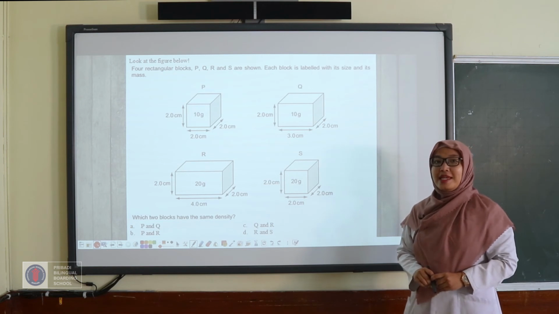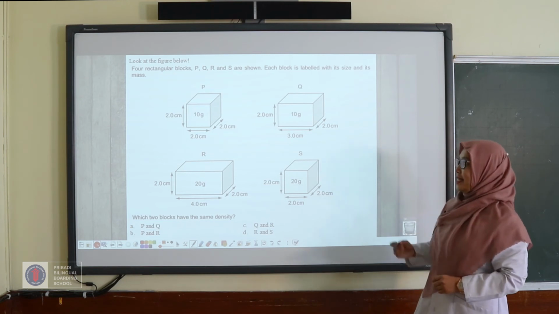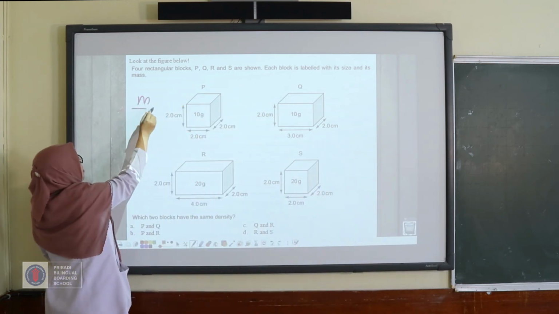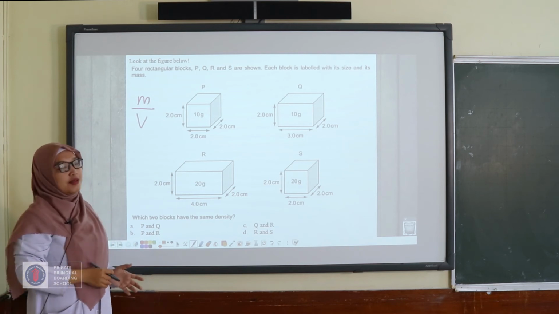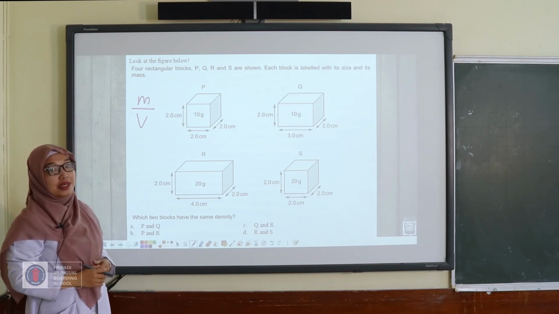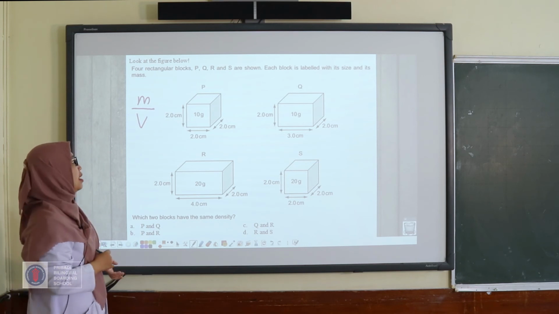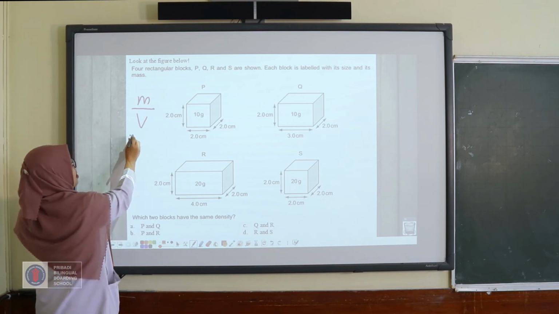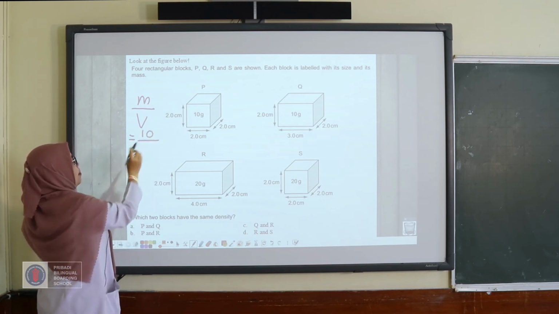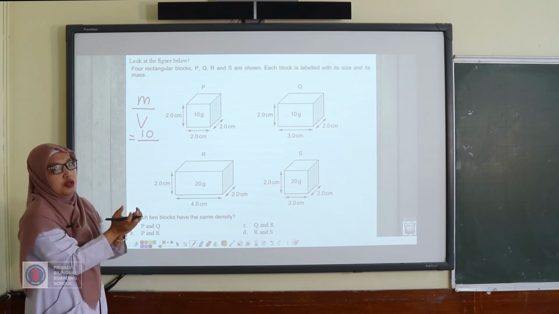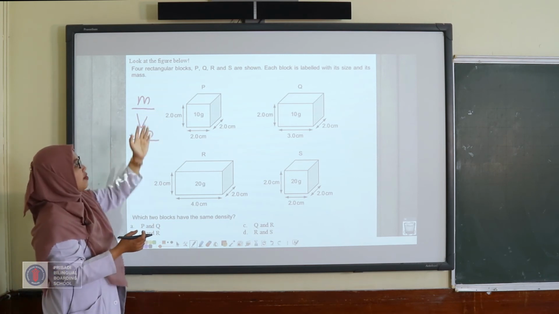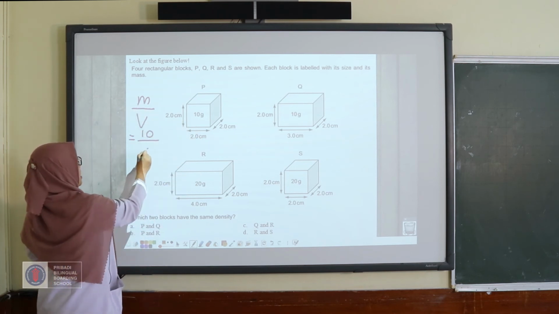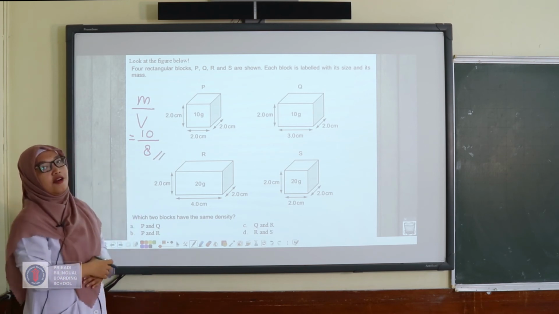We can calculate the density using the equation density equals mass over volume. We will start from block P. The mass of block P is 10 gram, and the volume, because this is a cuboid, we multiply all of these sides, so the volume equals 2 times 2 times 2 equals 8. Here is the density of block P.